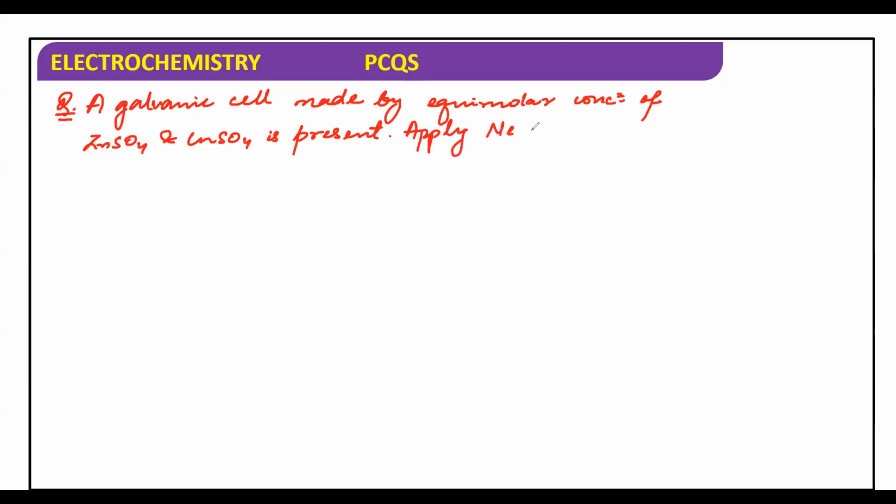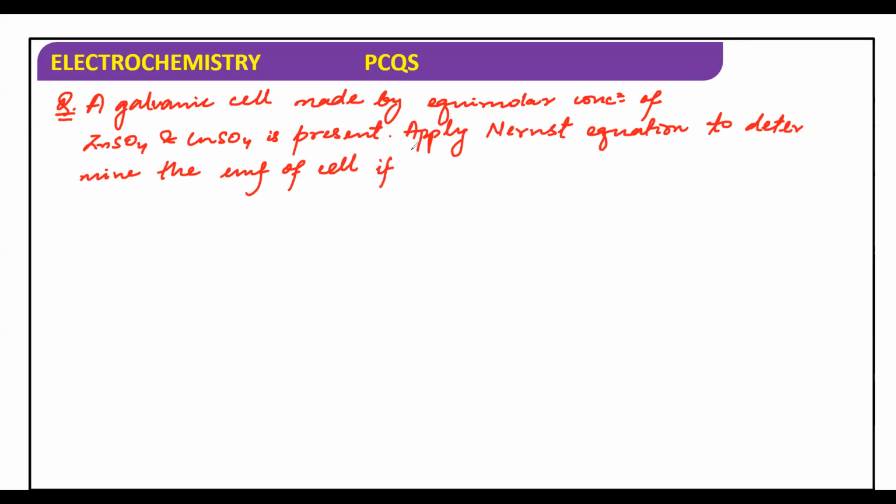Apply Nernst equation to determine the EMF of the cell, if E naught cell is equal to 1.10 volts and the following reaction occurs.